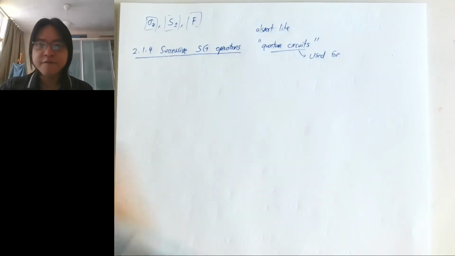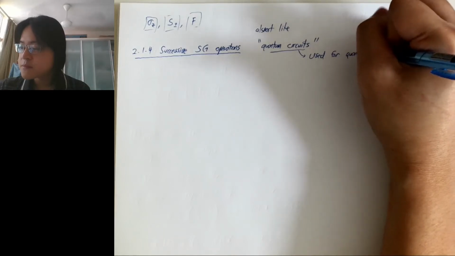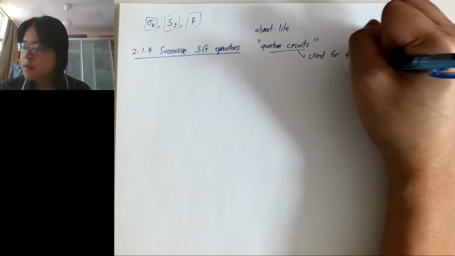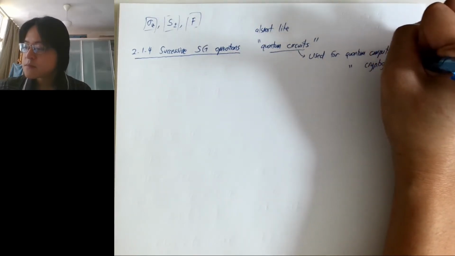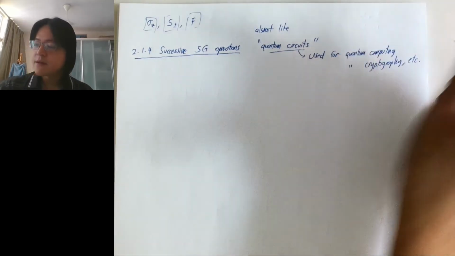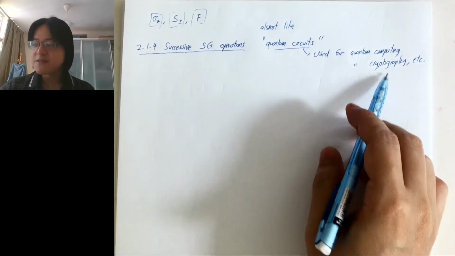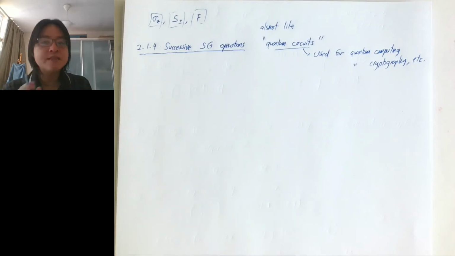I have mentioned a few of them already, probably in previous classes, but it is used for quantum computation, and then quantum cryptography, and many other current research that is happening today. So a lot of advanced research, but as you will see later, it's actually very simple. The basic premise is very simple.